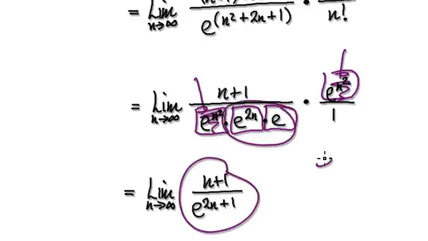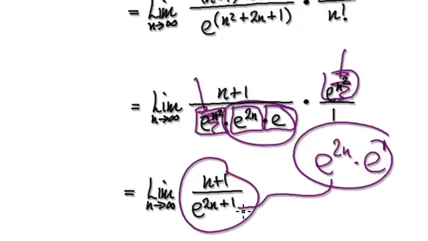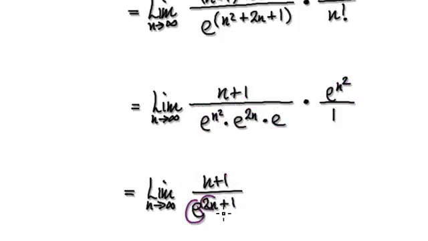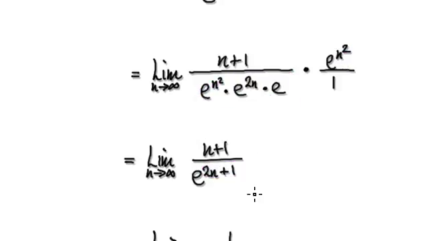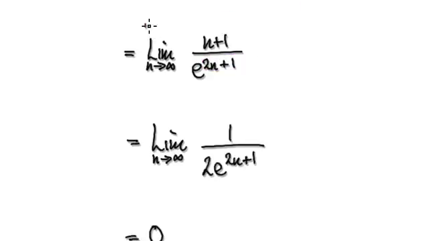Basically, once you're here, e to the power of 2n times e to the power of 1, I'm just rewriting it as e to the power of 2n plus 1. So all that you're left with will be this thing here, with e to the power of 2n plus 1.